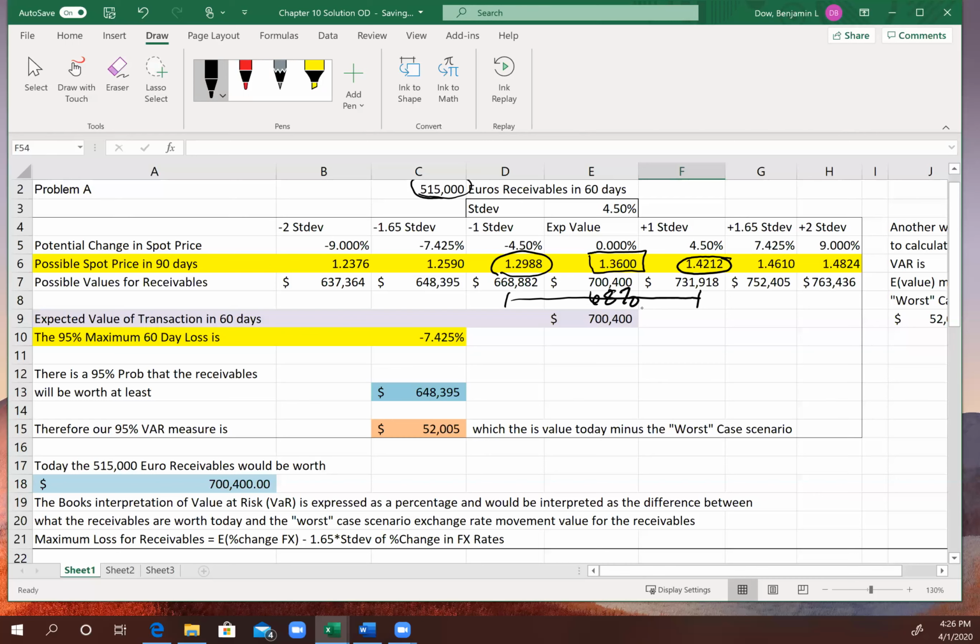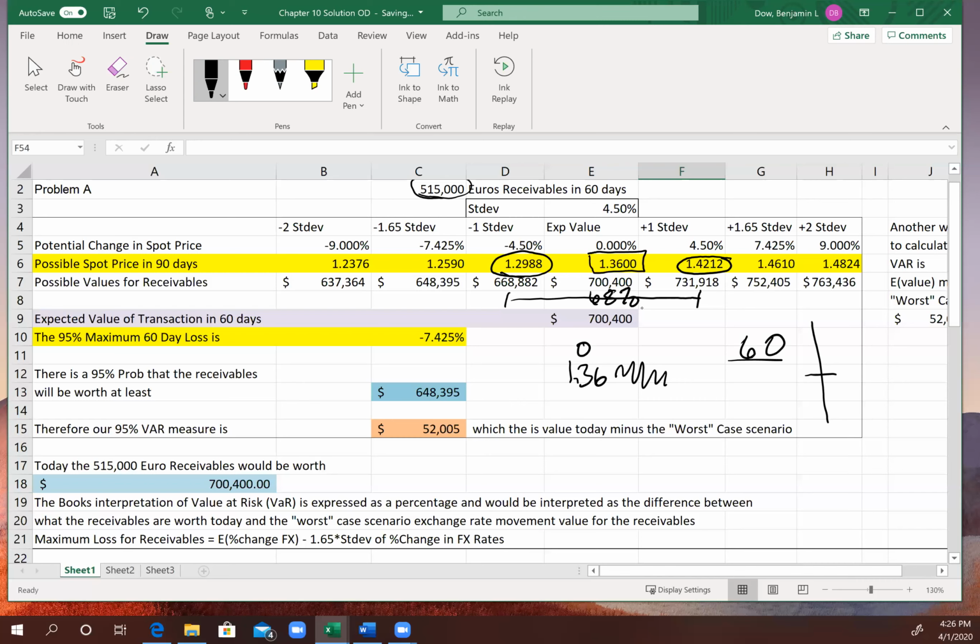Well, if our standard deviation is 4.5%, and the expected value, so here we are at $1.36 today, and on day 60, we don't know what it's going to do. It's going to jump around. But where is it going to hit? We don't know where it's going to hit.